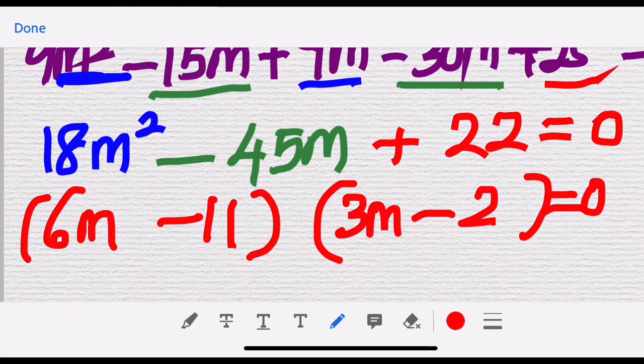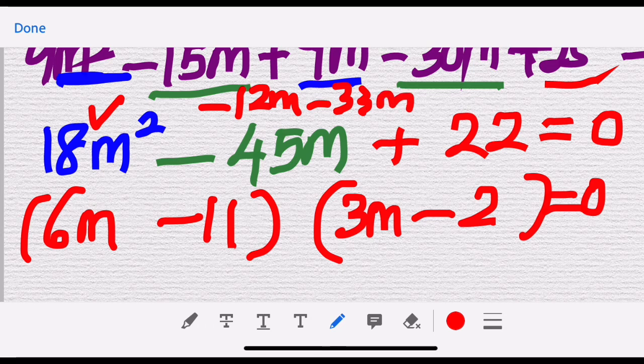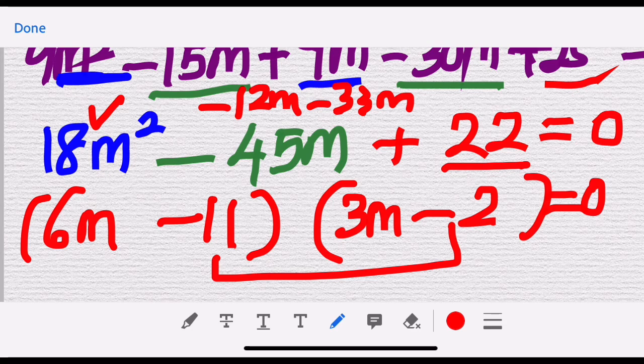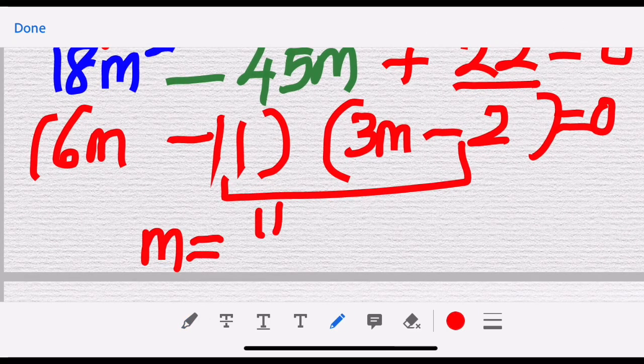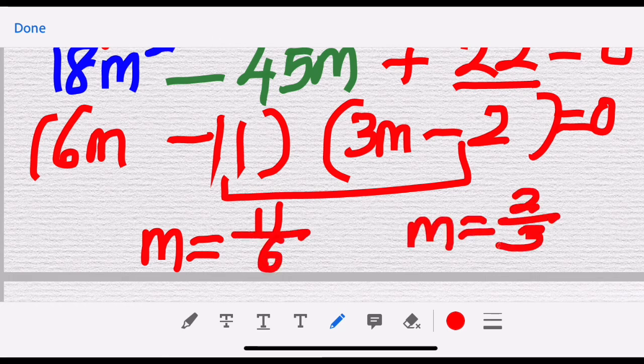Negative 18 square, okay, this one correct. Minus 12 minus 33. Minus 12 and minus 33. Wow, I get minus 45. And these two numbers, when you multiply, you get positive 22. So that means the m is 11 over 6 and the m is 2 over 3, right?